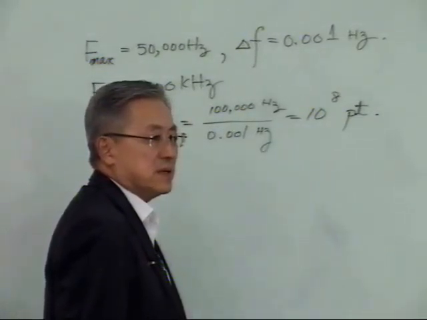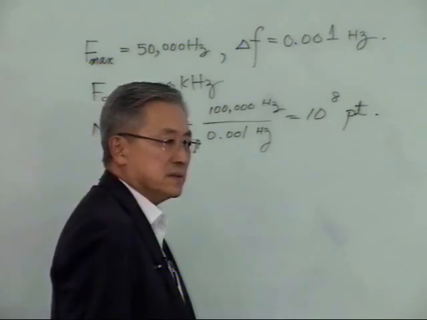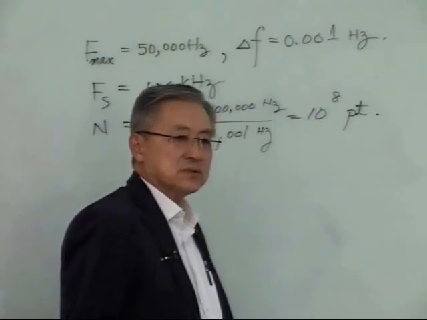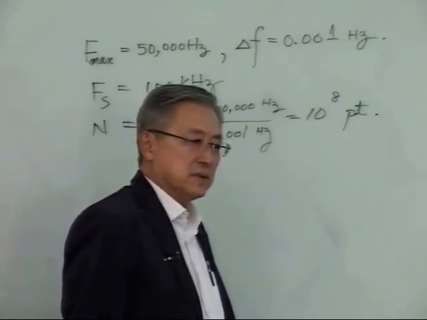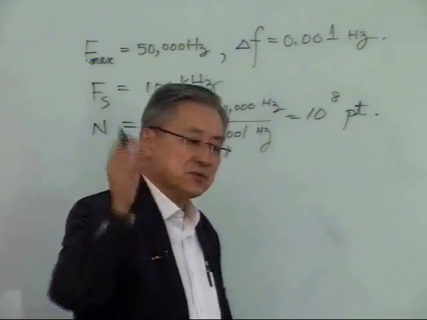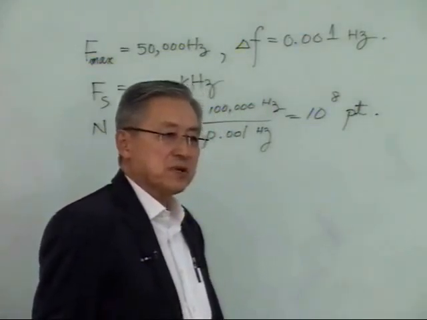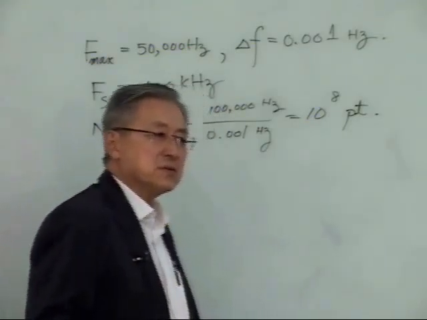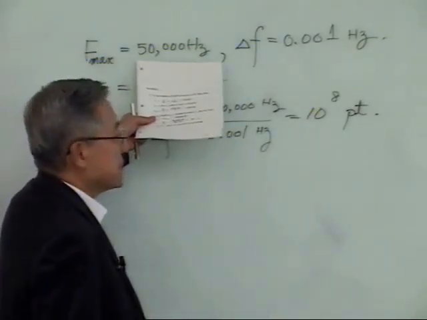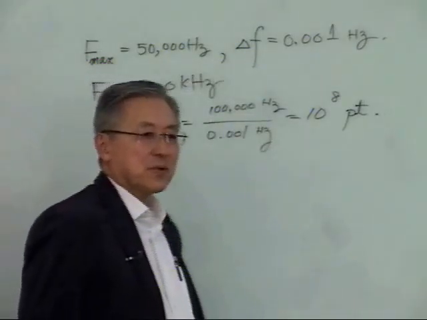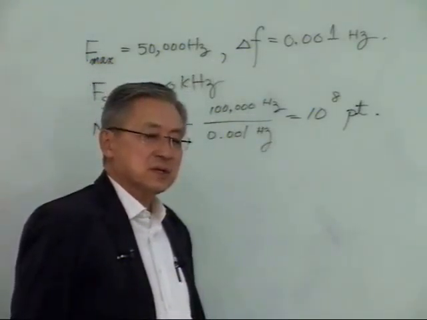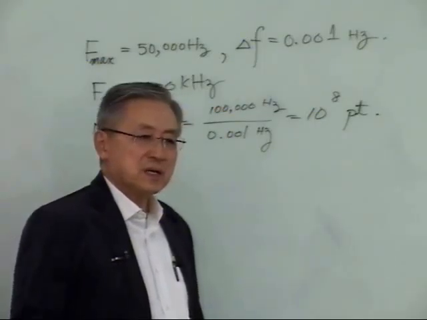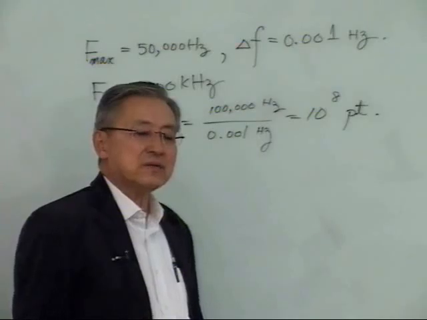Dealing with that in the lab is just impossible, but of course with HPC you can do the number crunching. In this case, you want a total frequency range from 0 to 50 kilohertz.